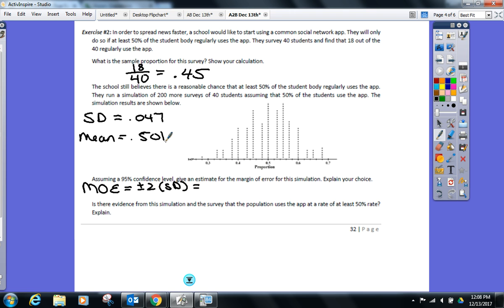So plus or minus 2 times the standard deviation, 0.047. What is my margin of error? Plus or minus what?